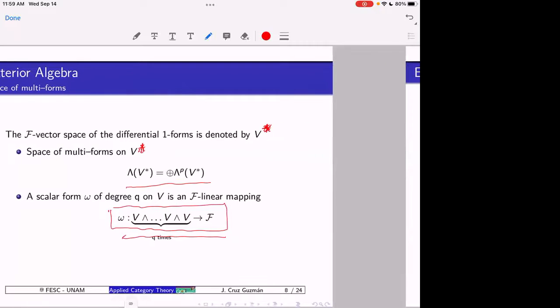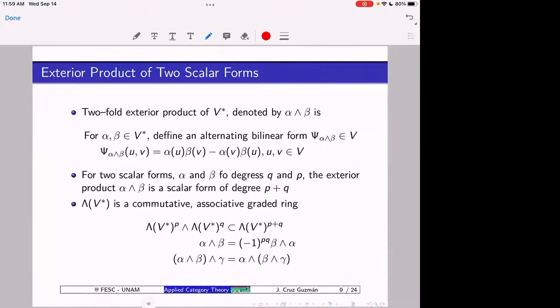I'm going to it. Here it is. Alpha and beta are elements of the dual, and then they act over U and V in this way.